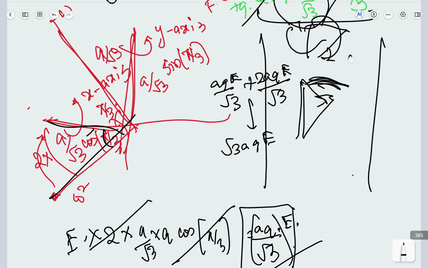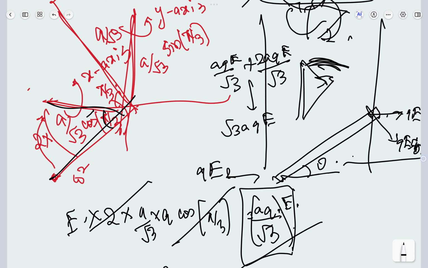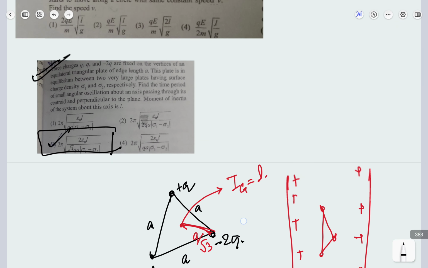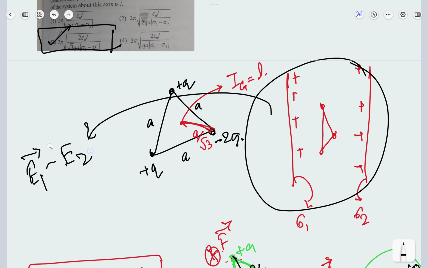And when you take small oscillations, when you move the rod, initially you have QE and QE, but when you move by a small angle theta, you have a QE sine theta factor, which I took at the end. So there was a sine theta here, and you just equated it to I omega square theta, and the rest you know. This is how I took the electric field. Electric field was just E1 minus E2, right?